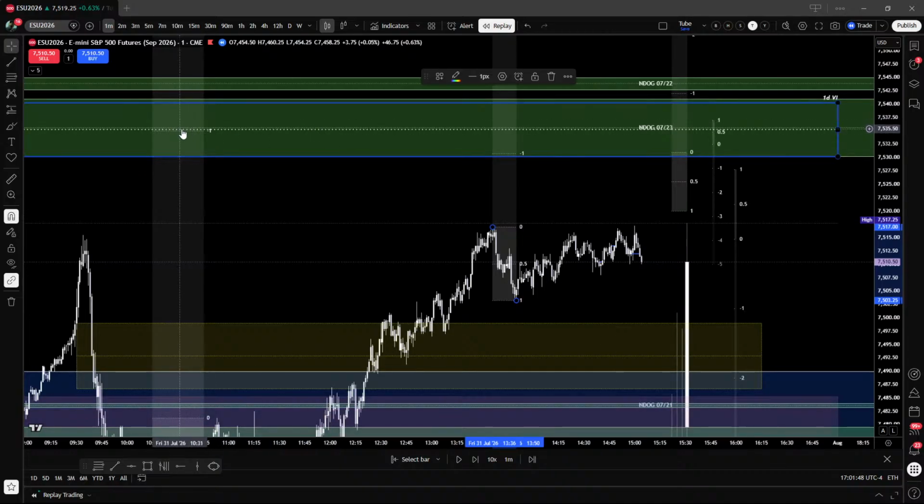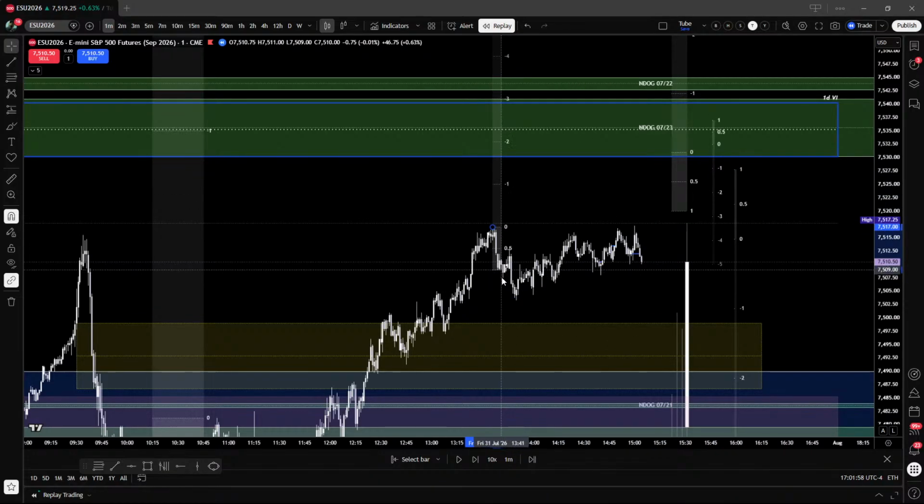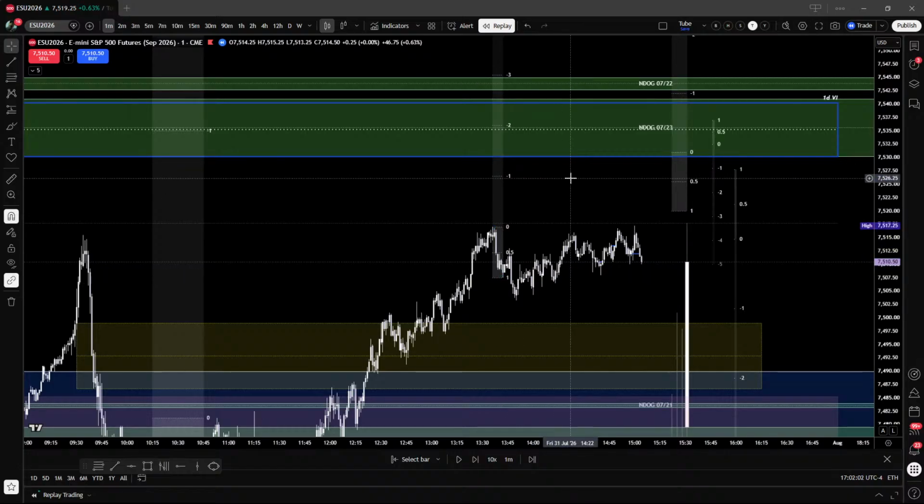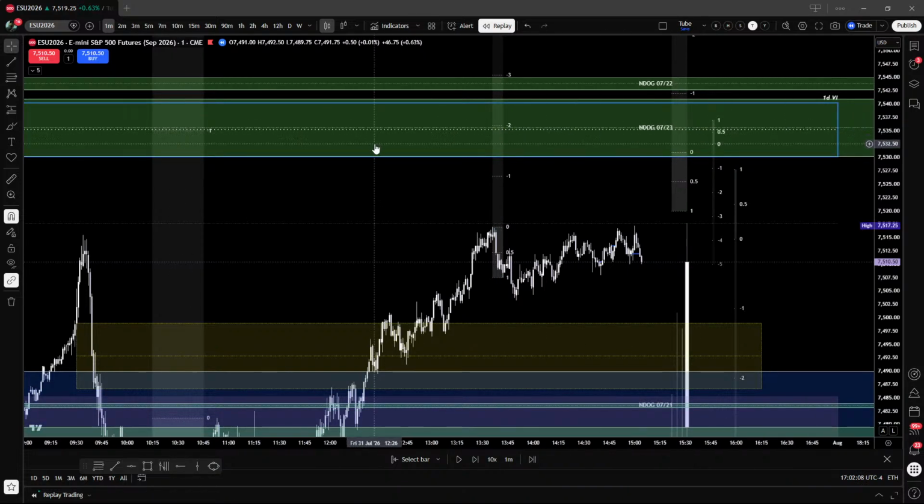Even though I had a lot of things showing this level here, right? So yeah, but here, right, what I liked here, it pretty much aligned again with this level here, right?